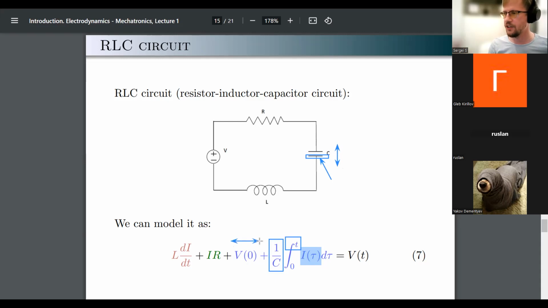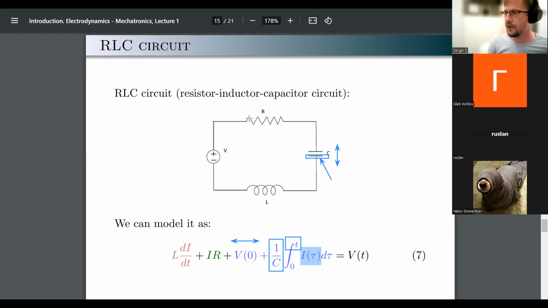So we can say that the initial charge divided by the capacitance is V0. That's what V0 is. It's basically the initial conditions for the capacitor. The capacitor could have been charged at the time T0, or it could have been discharged. We don't know. That's why we have this element here.